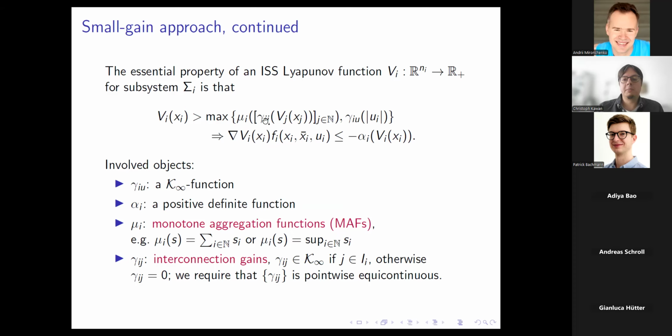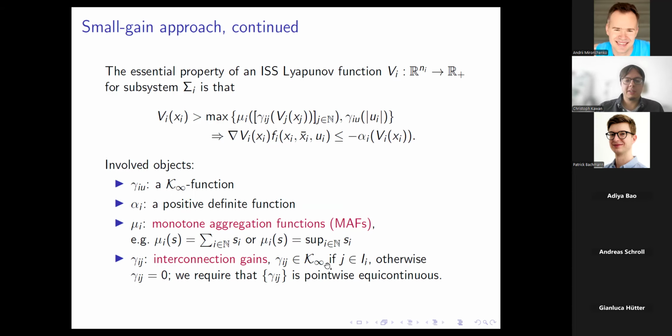It involves some gamma_ij, which I call gains or interconnection gains, and some function mu_i, which I call a monotone aggregation function. Some other functions are involved here, but these are the usual things that I don't have to say much about. The important thing here is what are these gamma_ij and what are the mu_i?